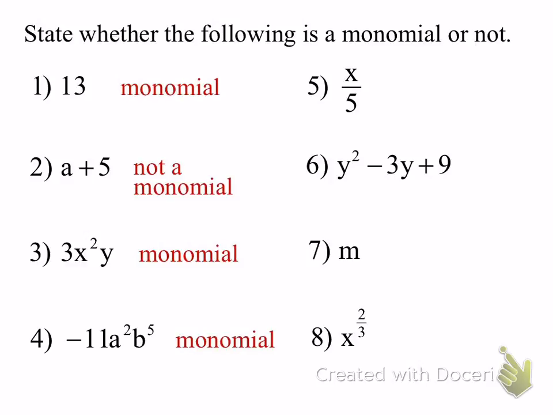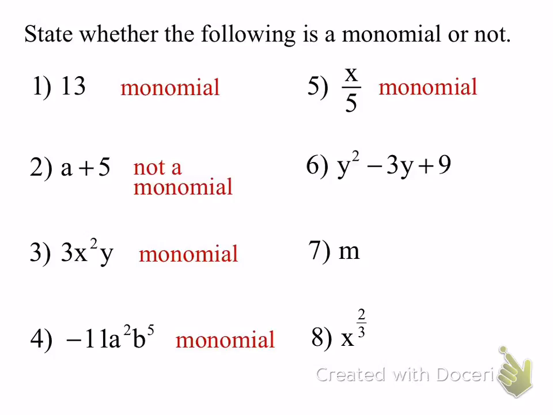Okay, number 5. Armene: it's a monomial. It's tied together by division. And number 6, Jacob?